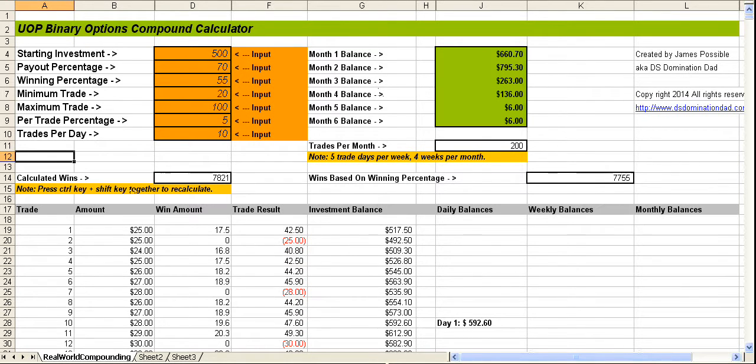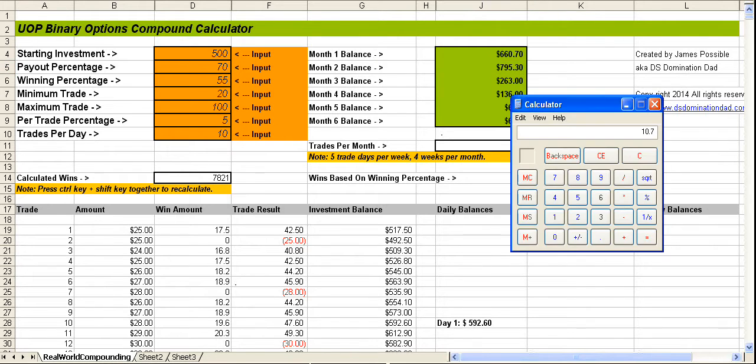See, now if you didn't have this calculator, here's the illusion. If you're winning at 55%, your first month, you come out, you're up $160. Well, yeah, things are looking pretty good, right? By the end of month 2, you have almost $800. Things are looking really good.